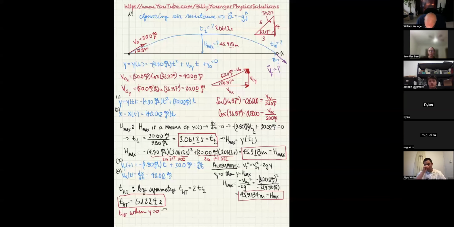This gives us, for instance, 0 is equal to, going back to equation 1, and I'm evidently going to randomly erase things because that's what my program does, negative 4.90 meters per second every second times t squared plus 30.00 meters per second times t. All that's equal to 0.